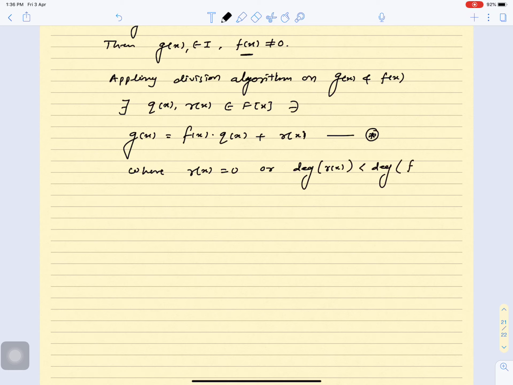So let me put this thing. So ultimately, in the above result what we have proved, let me write the last line. So thus F[x] is a principal ideal domain. So let me state one corollary.